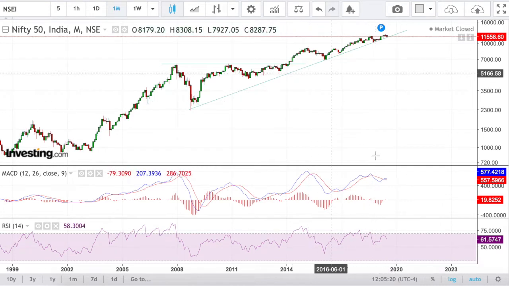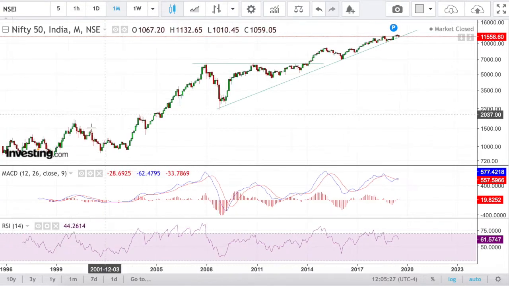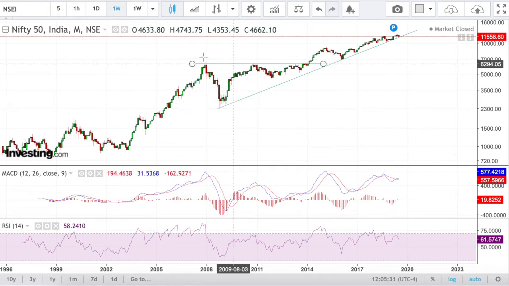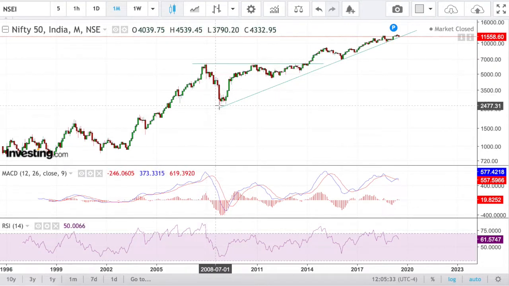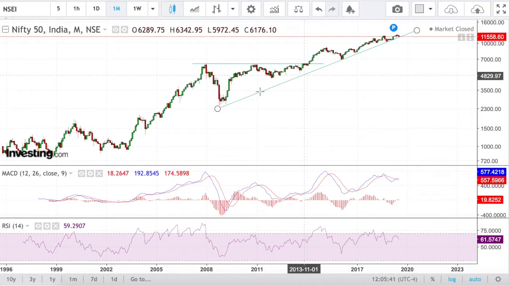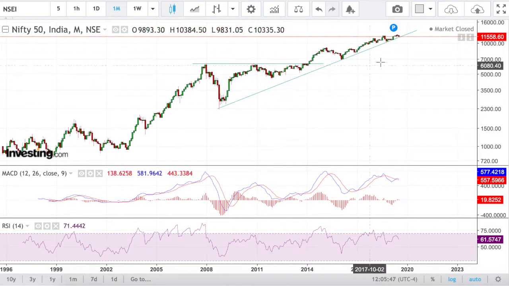So this is the monthly chart, and I see a few things in this chart. First of all, it's a huge bull market. Let's just say that the bull market started in 2008. It's the same thing as the US stock market. We have a non-stop bull market since around 2008. We did have a few corrections, but nothing too major.